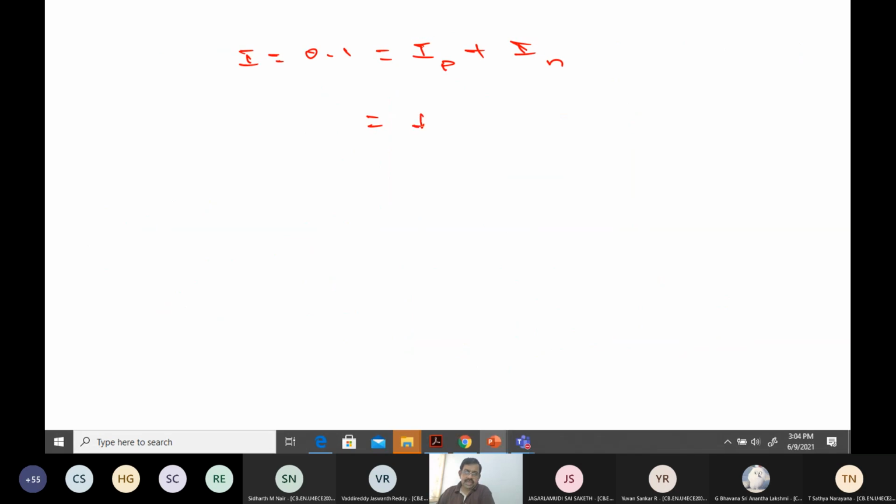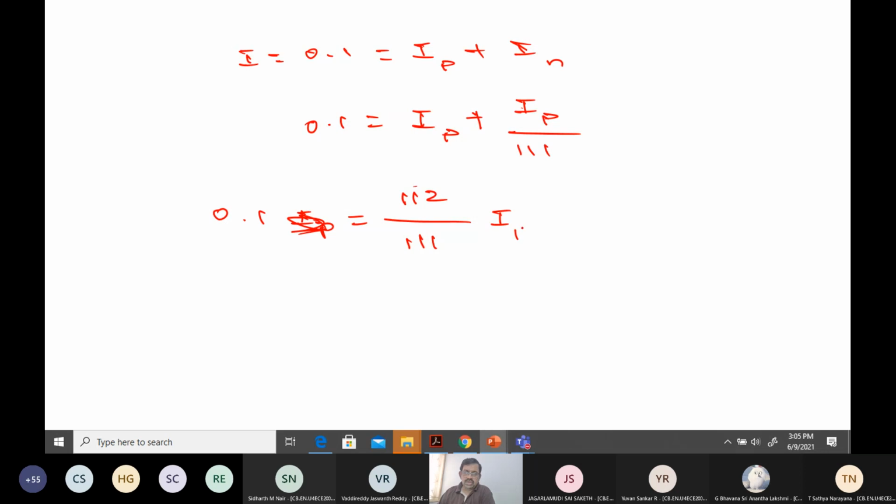So I will get IP plus IN, which is IP plus IP by 111, equal to 0.1. So leaving IP, take the 111, so it becomes 112 divided by 111. 0.1 equal to 112 by 111 times IP.